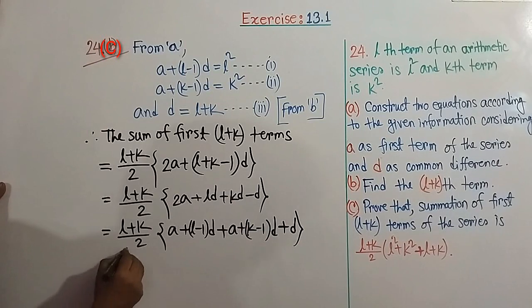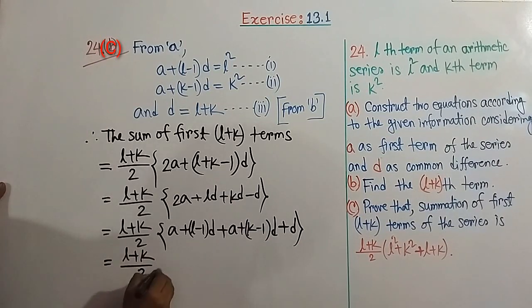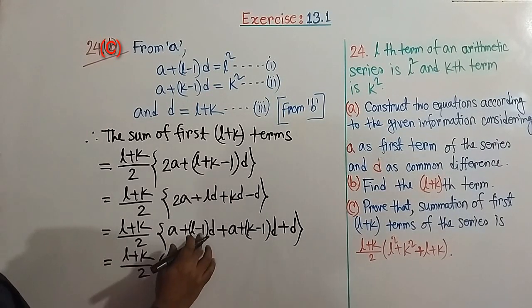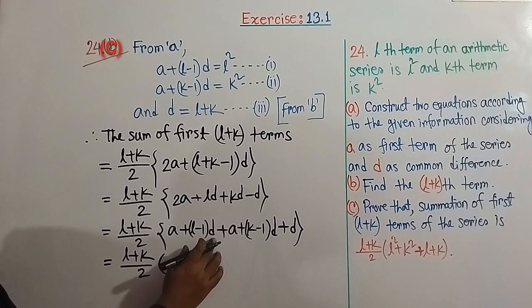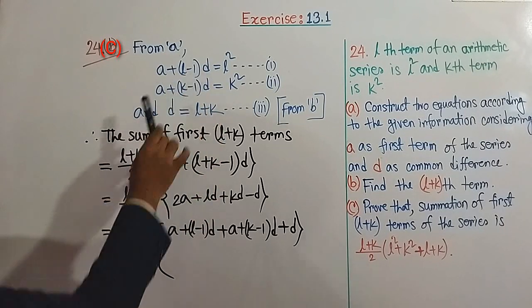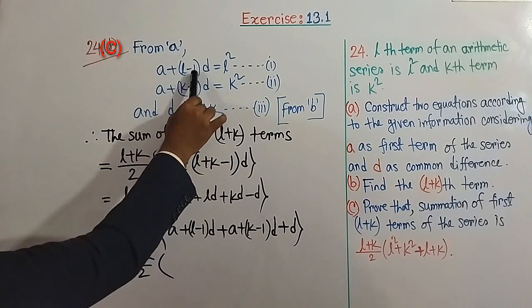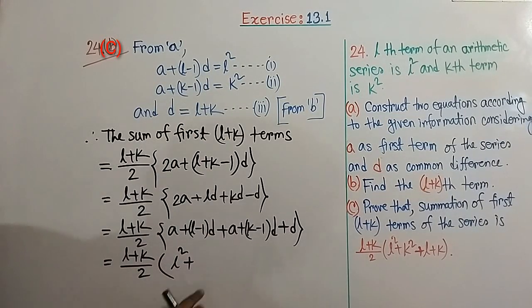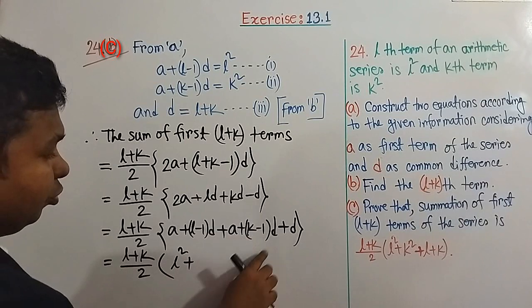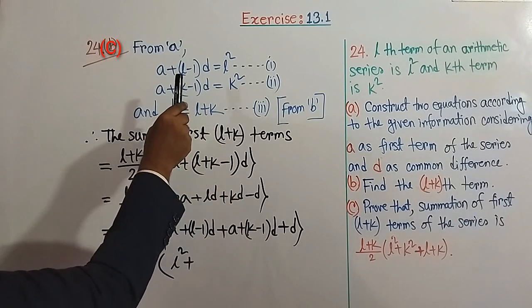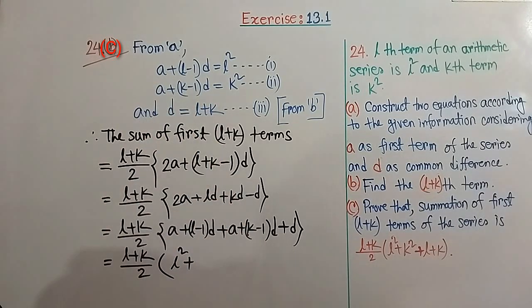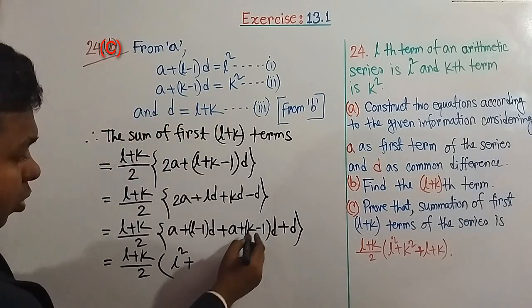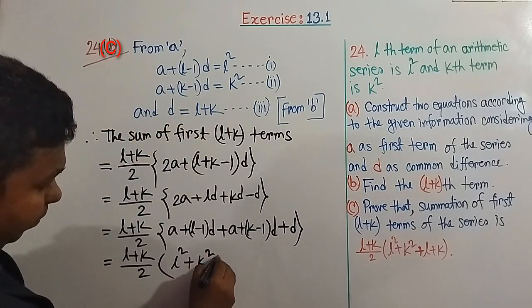Now L plus k by 2, here a plus L minus 1 into d, which is the left hand side of equation number 1, whose value is L square. So L square plus a plus k minus 1 into d, which is the left hand side of equation number 2, whose value is k square. So we have to write k square plus d.